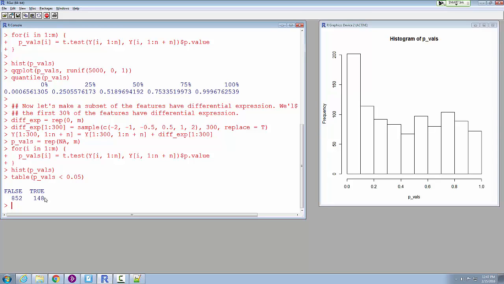But what if only 10% of the features were null? That means 100 were null, and we expect no more than 5% of the null ones to be selected into this list. I would expect no more than 5 of these 148 to be false discoveries.